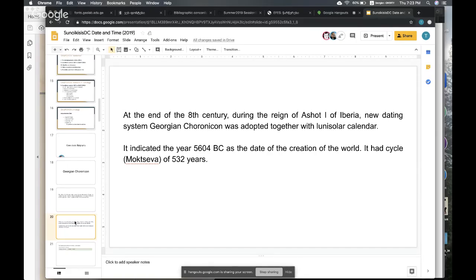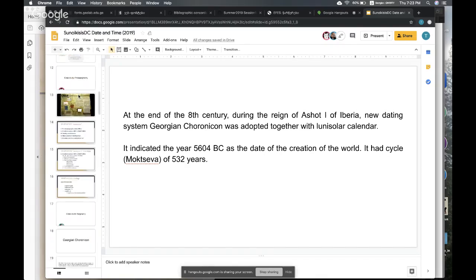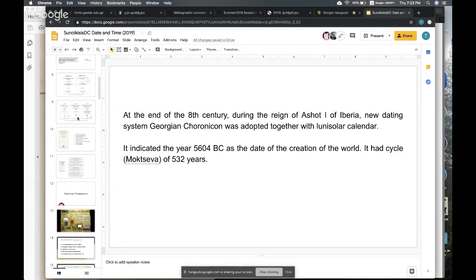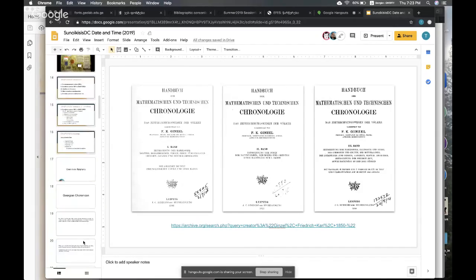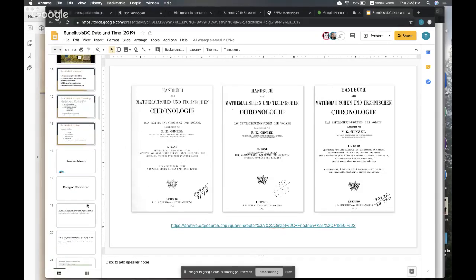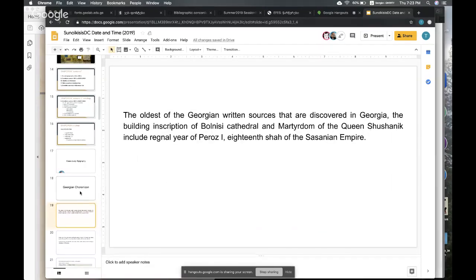The same kind of cycle had the Great Armenian calendar, which is discussed in the Ginzel handbook of chronology Monica introduced earlier, but Georgian chronicles are not even in this third volume of Ginzel's handbook, and there are very few sources about this.